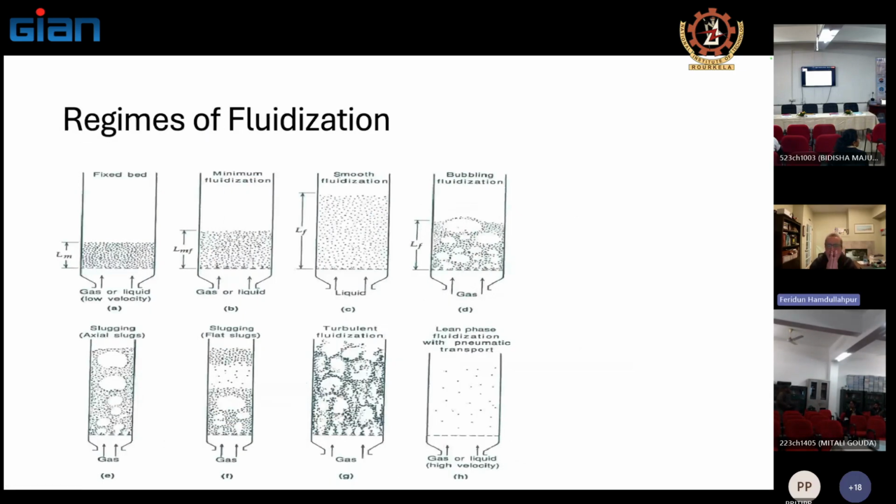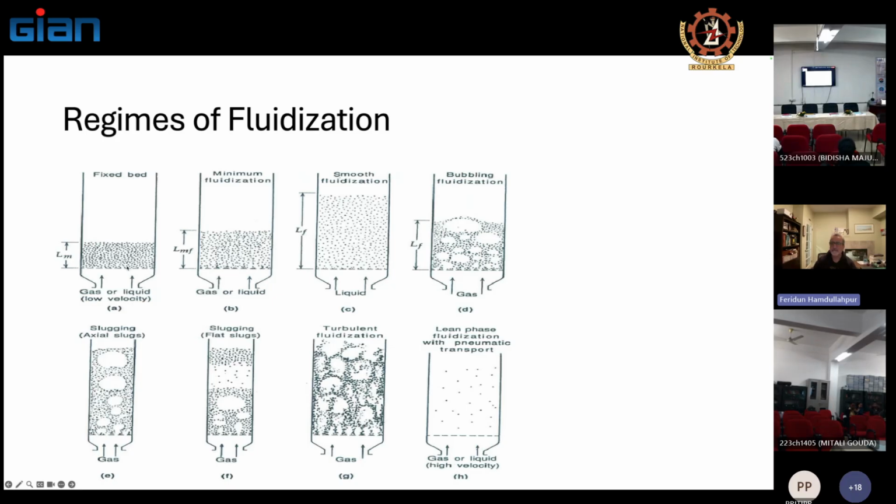So I wanted to show this again because in the next hour, we're also going to talk about a different kind of fluidized bed, which will involve liquid, for example, water and solid particles. So you will see that in the fixed bed, we can use both gas and liquid at low velocities, and you'll maintain a fixed bed.